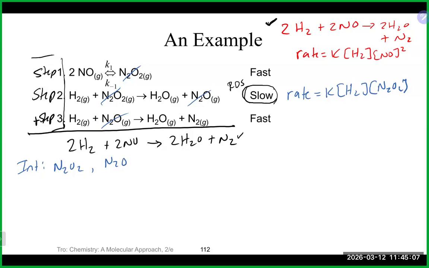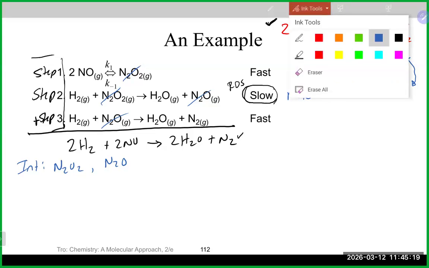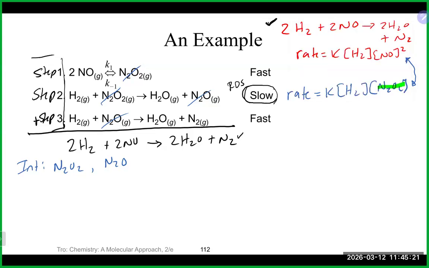Now, the reason we cannot directly at this point compare these 2 rate laws is because when I look at the rate law for my slow step, what I find in there is the intermediate. So I have this intermediate in the rate law that doesn't allow me to directly compare the rate law for that step to the one that's found experimentally.